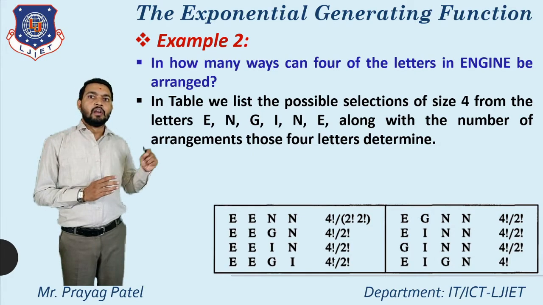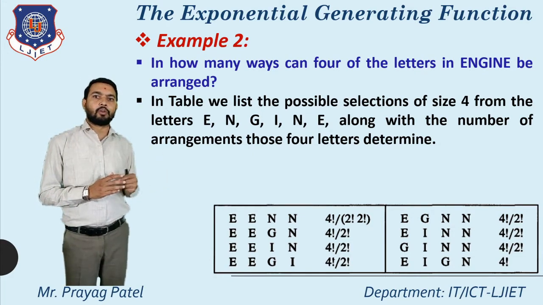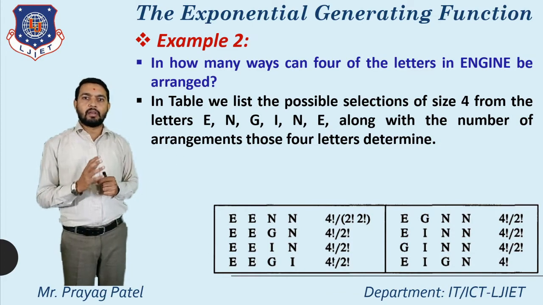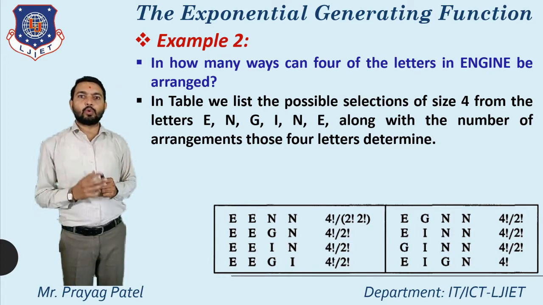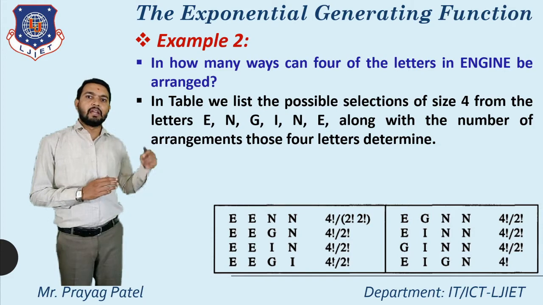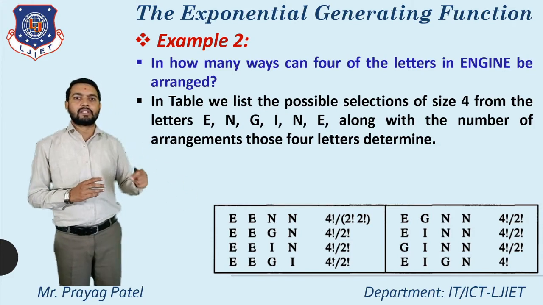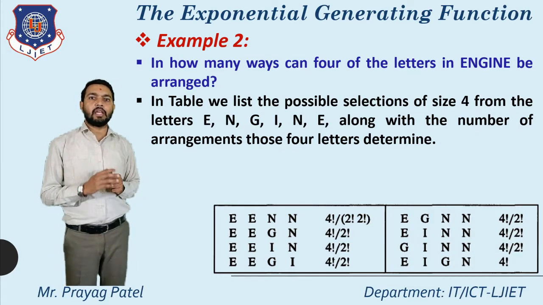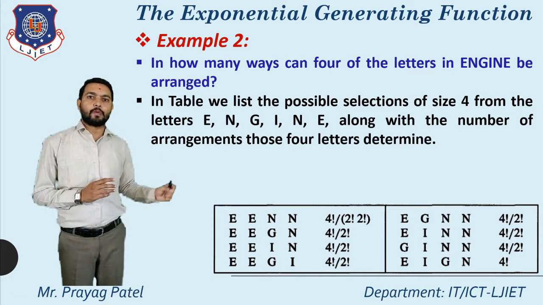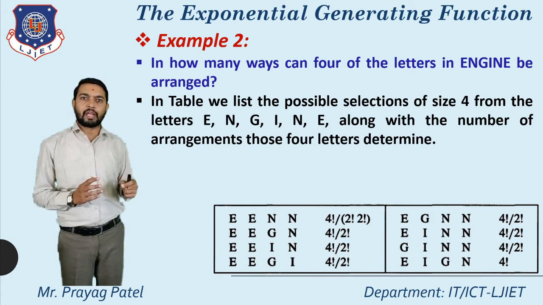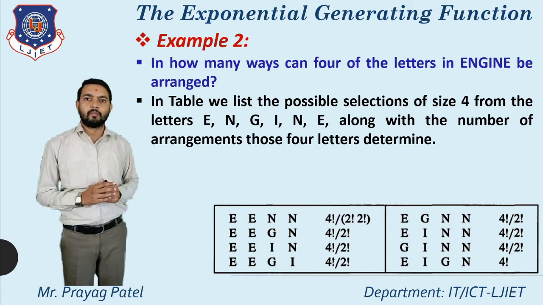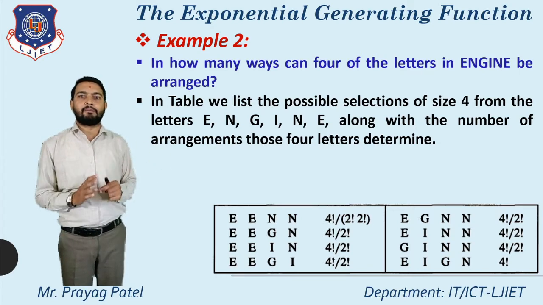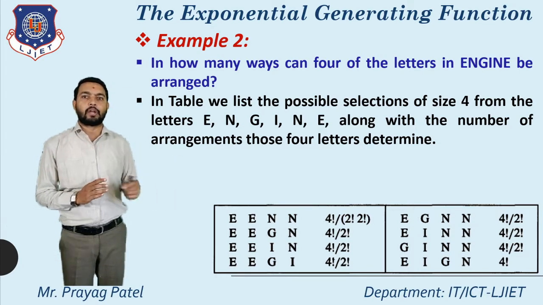For the first case, the possible arrangements are 4 factorial divided by 2 factorial into 2 factorial, because the total number of elements is 4, and E is repeated 2 times, so we divide by 2 factorial, then N is repeated 2 times, so we divide by 2 factorial once again. Now for the second case, E, E, G, N, we have 4 factorial for the total, E repeated 2 times, so 2 factorial into 1 factorial into 1 factorial. So we can directly write 4 factorial divided by 2 factorial. In all the cases where one element is repeated and the remaining 2 elements are different, our answer is 4 factorial divided by 2 factorial.